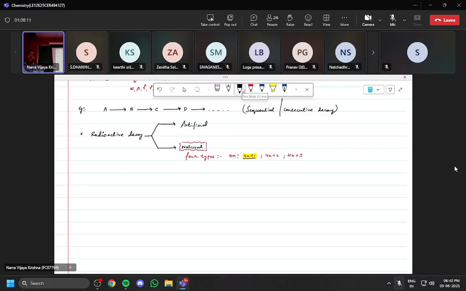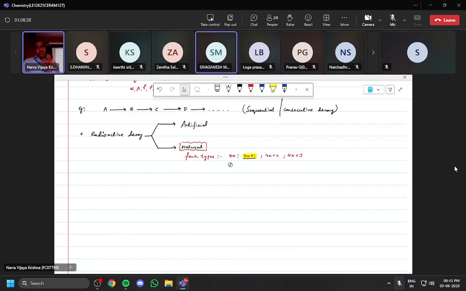Among all of them, the nucleus with the highest half-life gives its name to the series. If thorium is the nucleus having the highest half-life, then I call this 4n decay the thorium series. Are you able to understand? Is it clear?